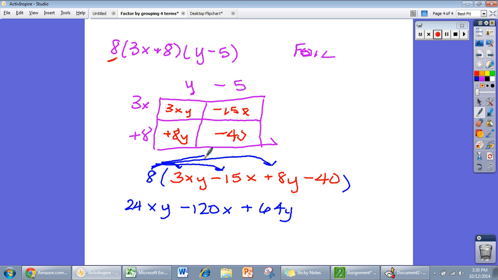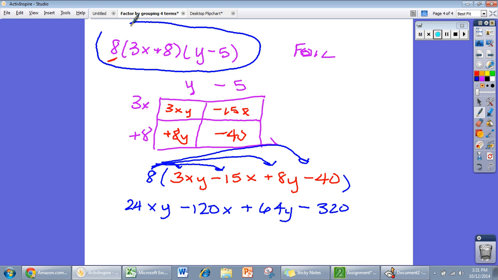And 8 times a negative 40 is a negative 320. And if you check back to the original slide, this is the problem that we started with, that we factored, this being our factored answer. And there's equivalent expressions. One is in a polynomial form, one is in your fully factored form.